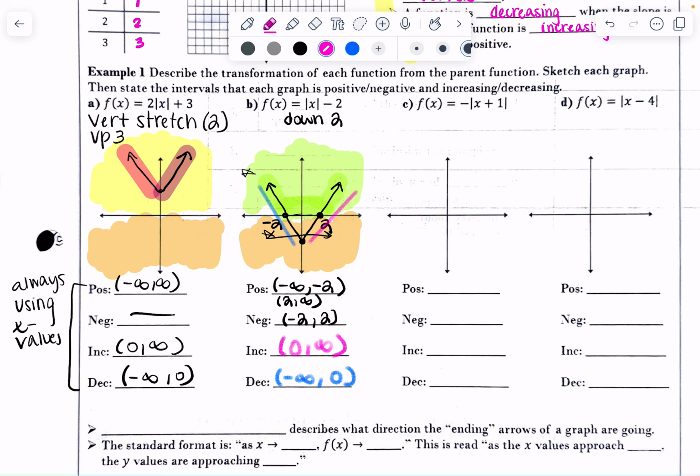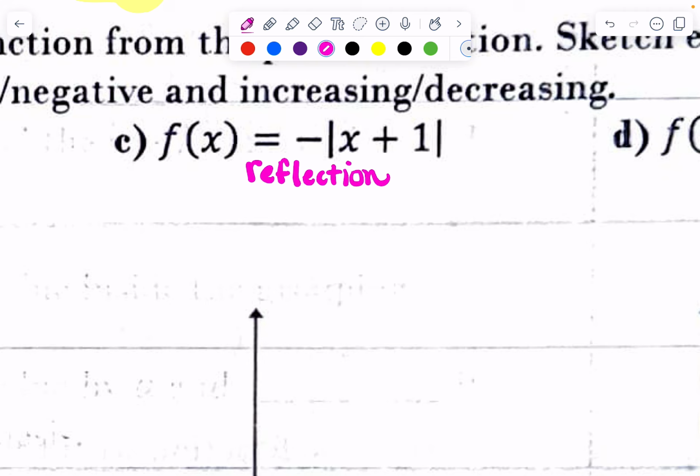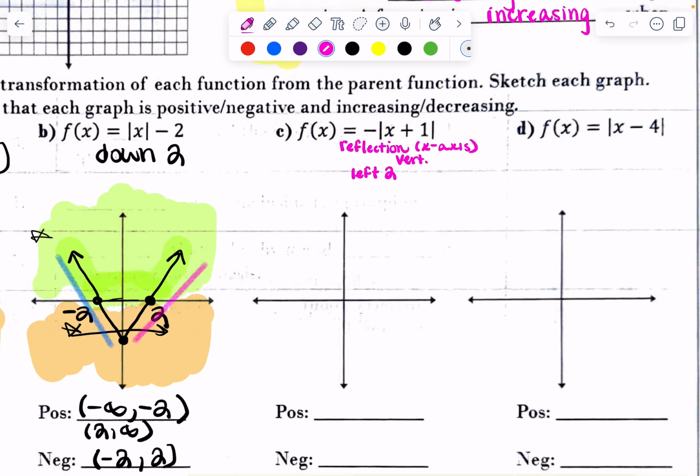Reflection over, hopefully you know, my x-axis, aka vertical reflection. And then I'm also going left too. All right, so plugging that into my graphing calculator, I'm going to have my x-axis point at -1, and I'm actually going down this.